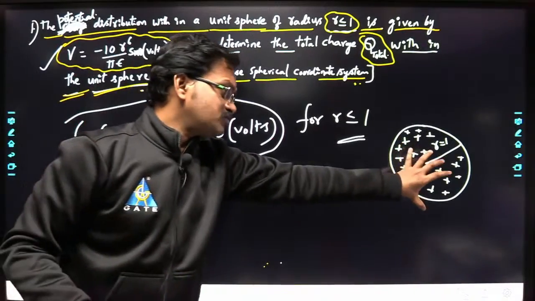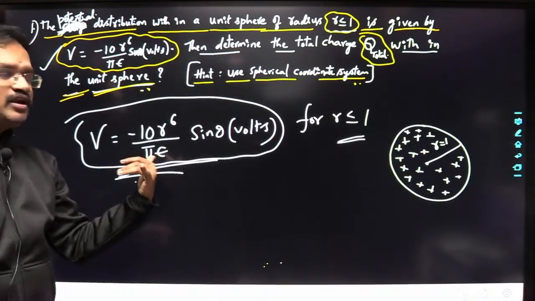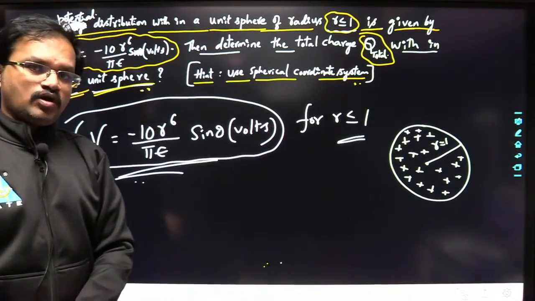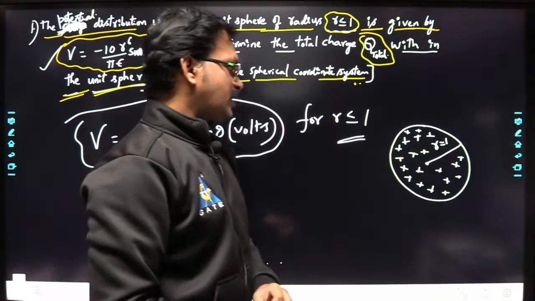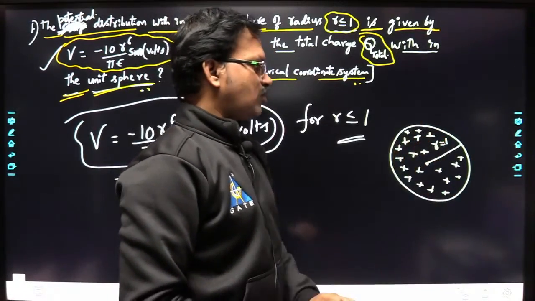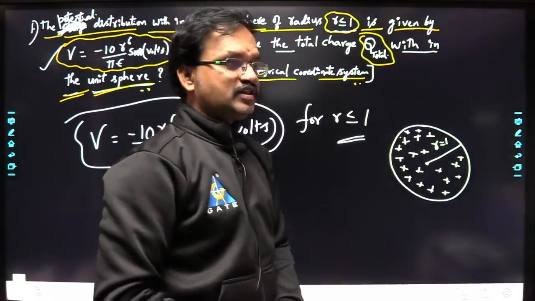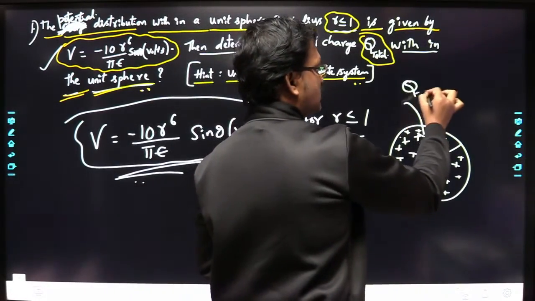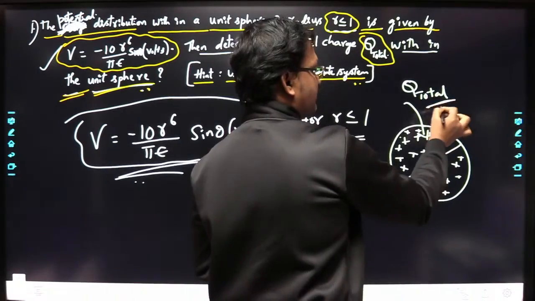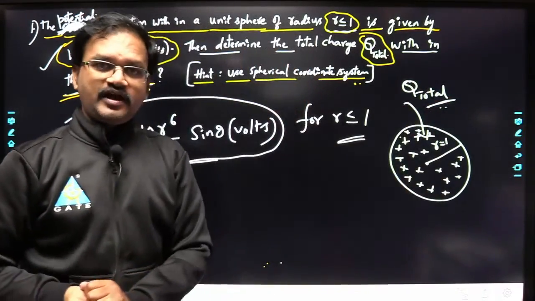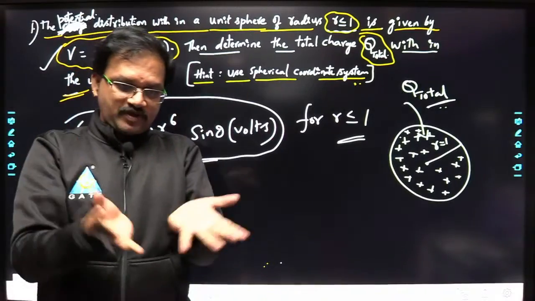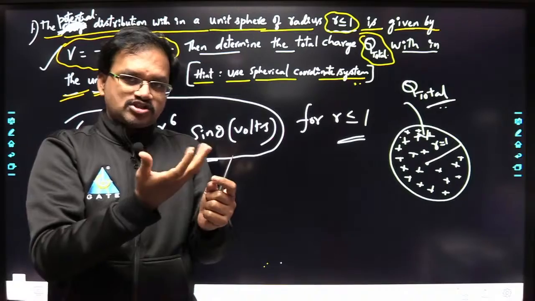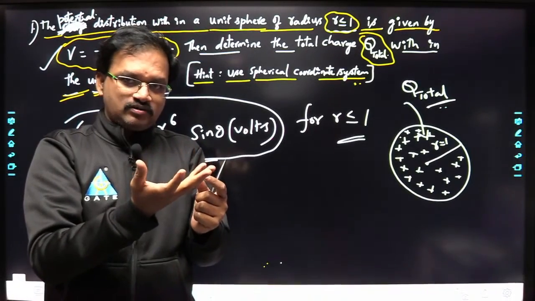So this charge distribution is the cause for this potential distribution. Now they are asking what is the total charge present within this unit sphere. Within that unit sphere some charge distribution is present, and it is producing some potential, yes or no?